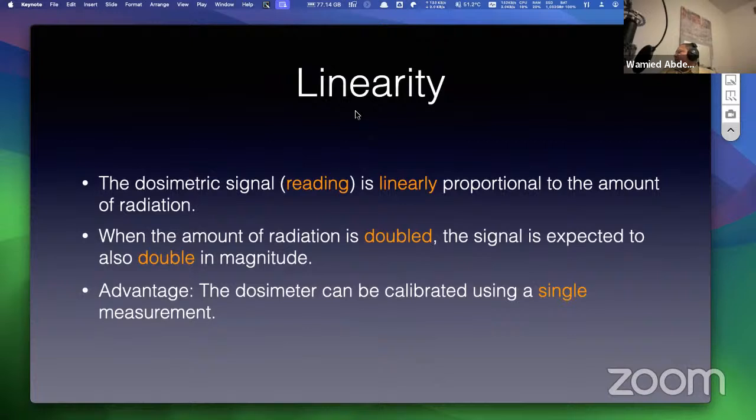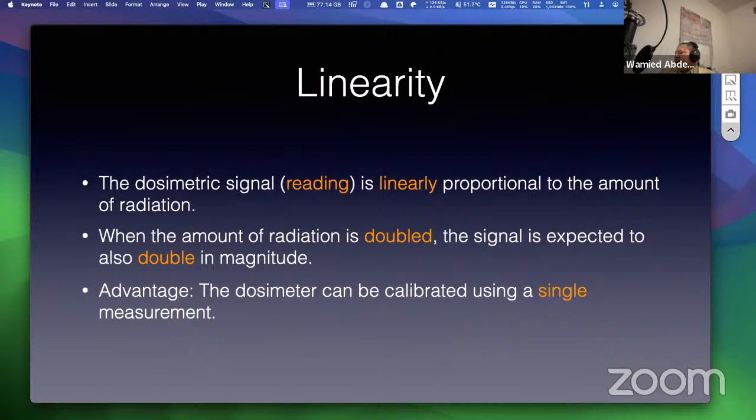So the next property we like actually in the dosimeter is the linearity. Linearity, what we mean by it is basically we want the reading of the dosimeter to be linearly proportional to the dose. Let's say a chamber reading is 1 nanocoulomb for, let's say, a dose of 2 centigray.